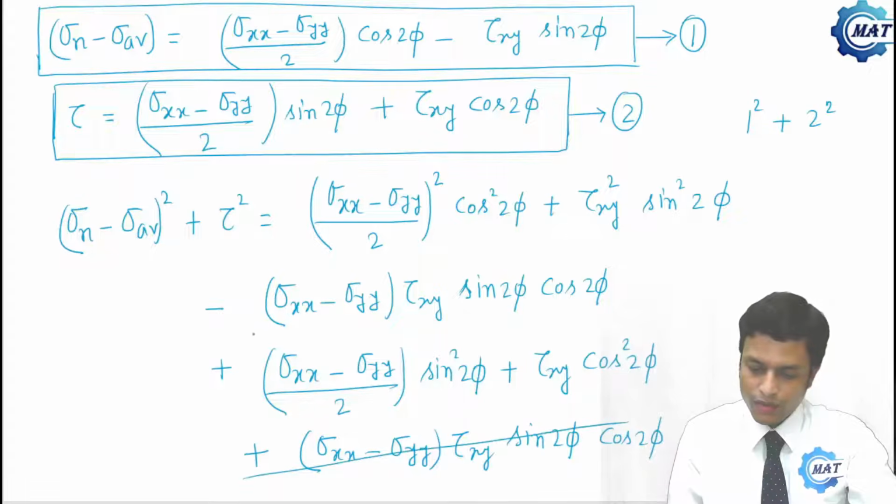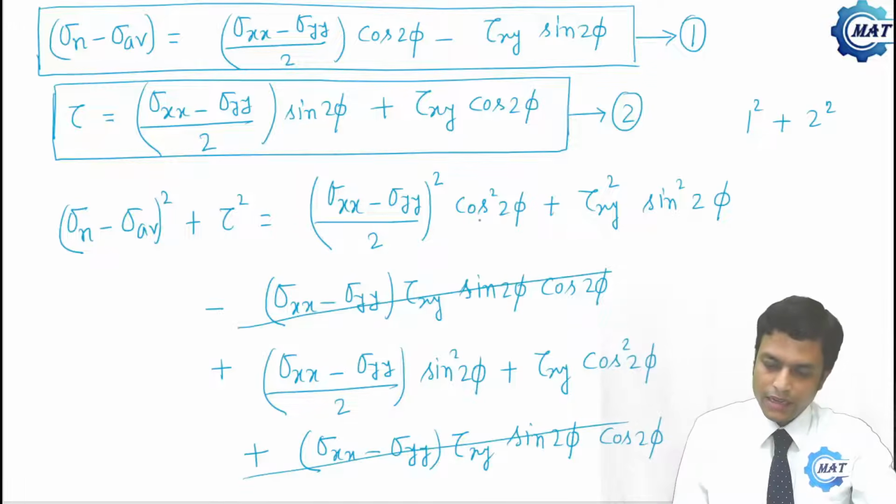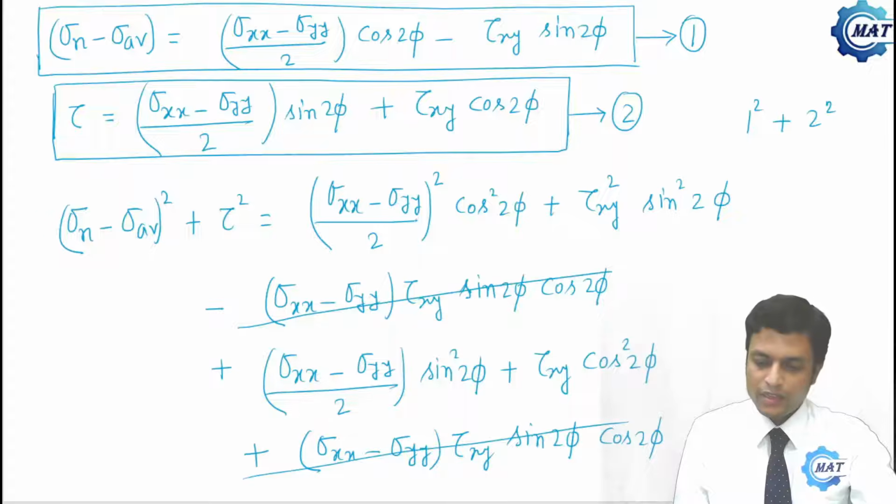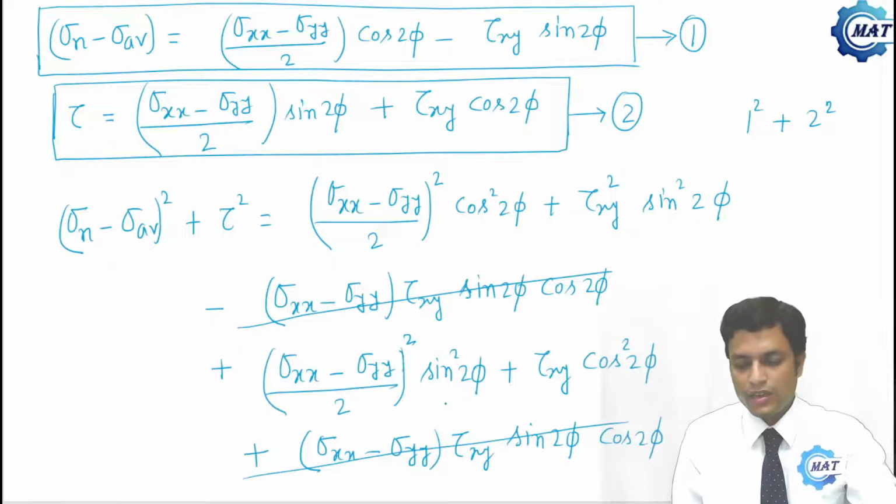So these two terms cancel, and sigma xx minus sigma yy by 2 whole square is common, and here will be tau xy square. Cos square 2 phi plus sine square 2 phi is 1, and here also it is 1.